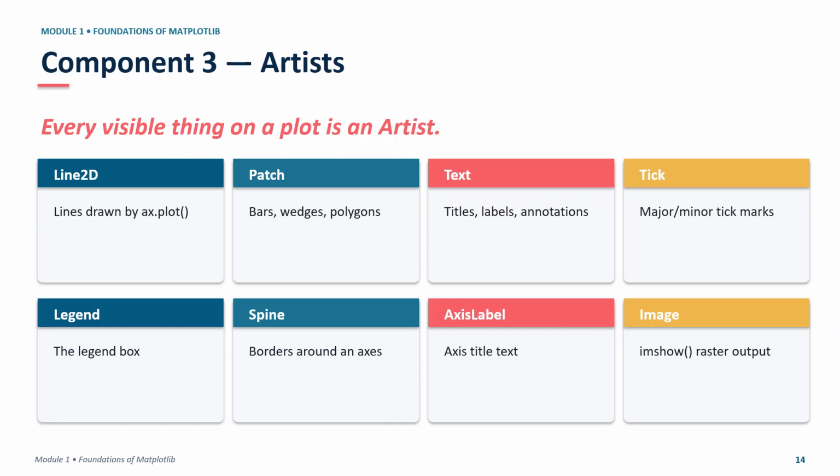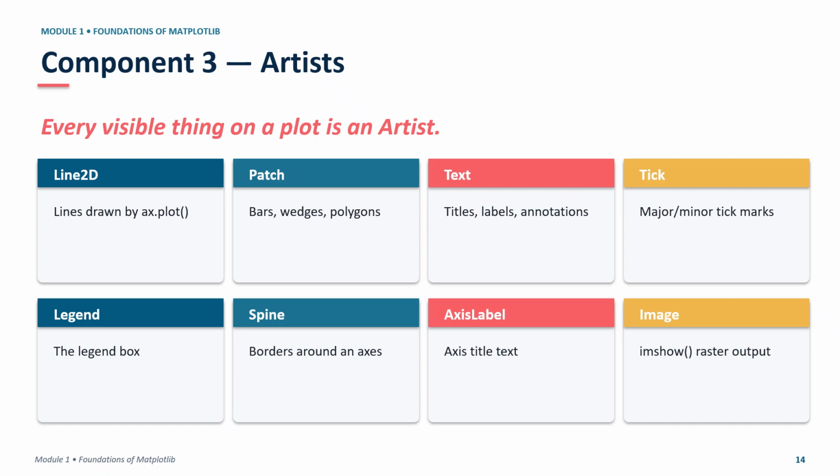Artist is a lower level in the Matplotlib hierarchy, but artists are literally everything that you can see here. Line2D: when you call ax.plot(), it creates a Line2D object, and each line has properties like color, line width, line style, and alpha.